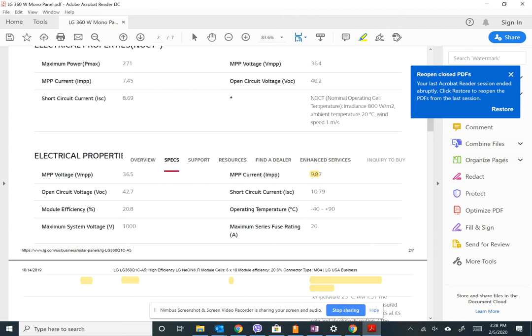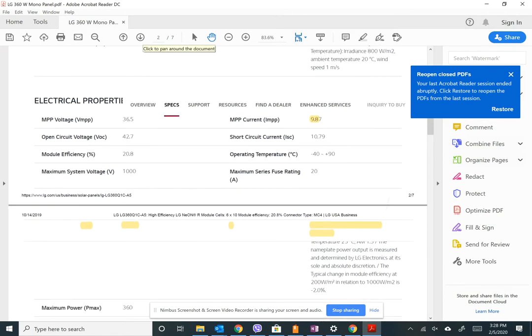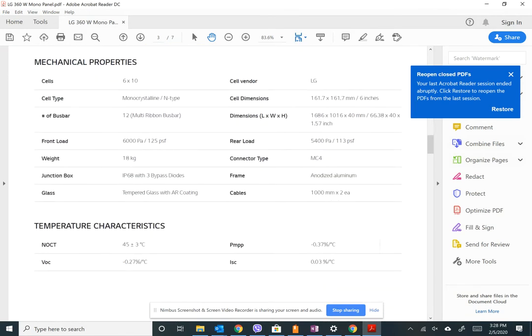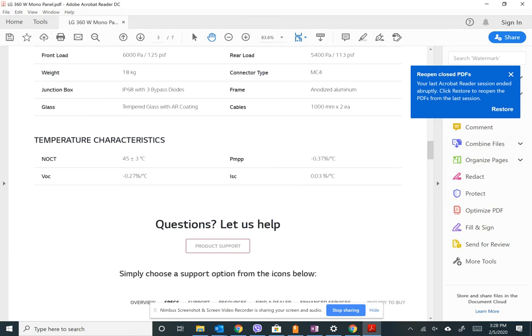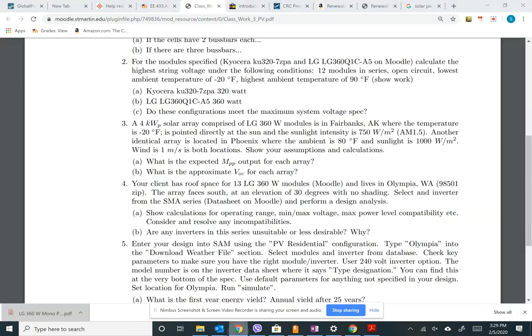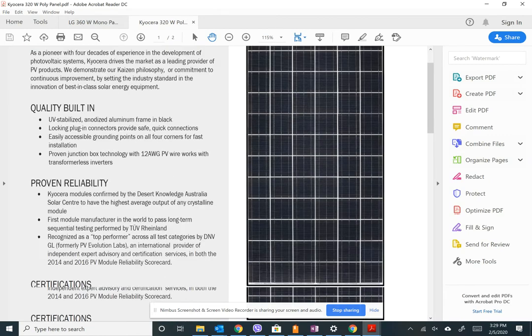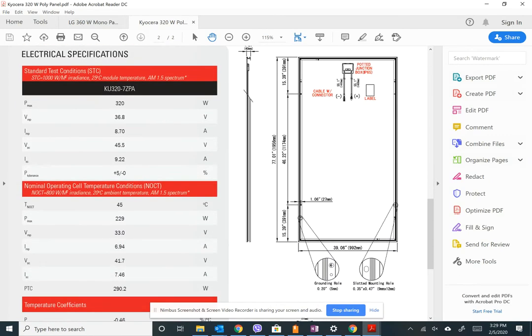I want to not highlight everything. Undo that. Pan. Just want to pan. There we go. All right, so we're going to go down to here. Oh, this is the wrong one? You're right. Thank you. We'll get back to this one. Good catch. Kyocera. Next one. Here we go. This one's way easier to read anyway.